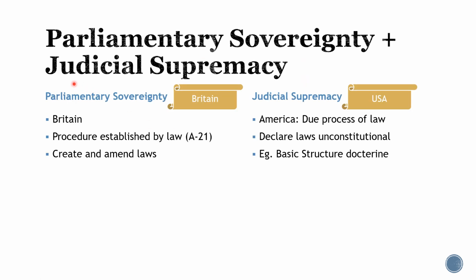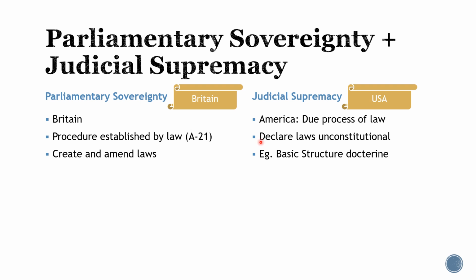So we also have parliamentary sovereignty. Along with that, we have judicial supremacy. So there is a system of checks and balances, we call it. Parliament is sovereign, and it is free to create and amend laws. And also the judiciary is independent in itself. It has the supremacy, and it can declare any law as unconstitutional.